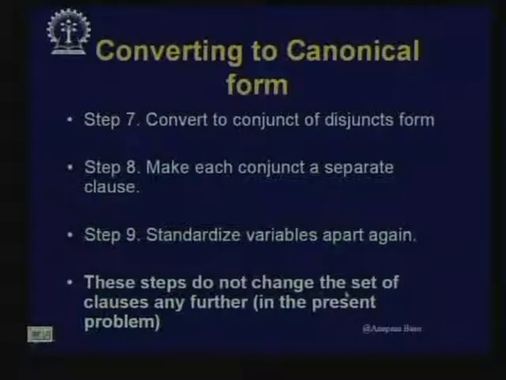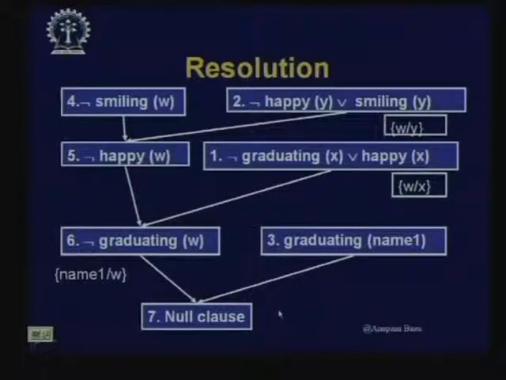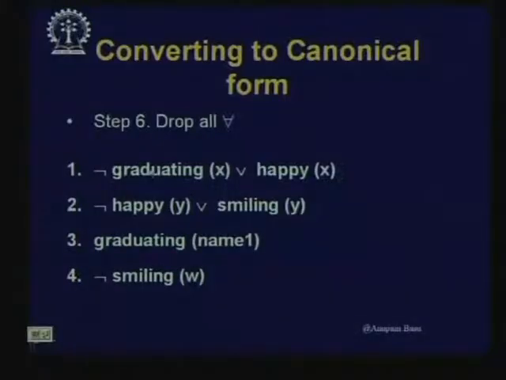These steps do not change the set of clauses in the present problem. So, now we come to the resolution proper, but before that, steps 7 and 8 are not so important here, because by step 6 we have already got them in the clausal form.